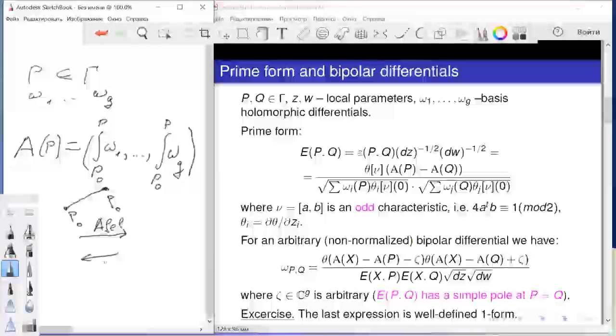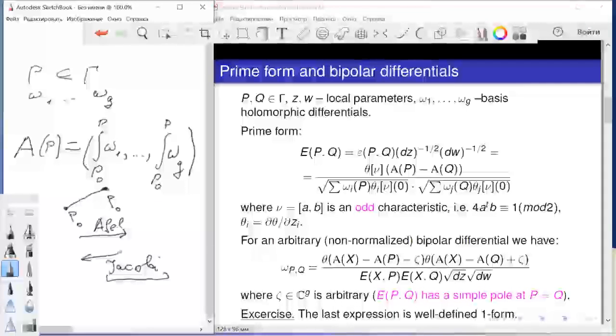The inverse is the Jacobi inversion problem, due to Jacobi.